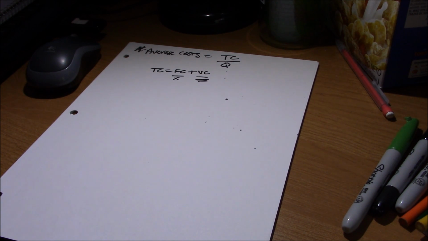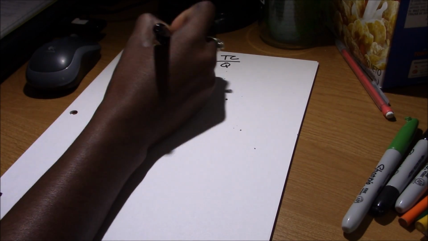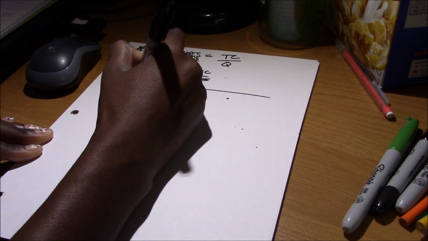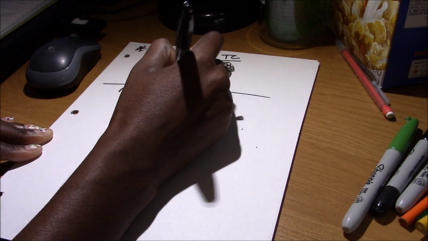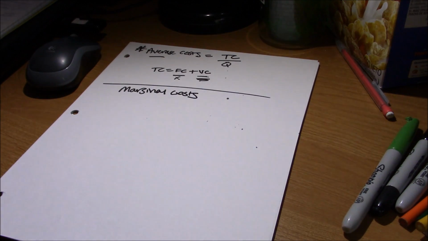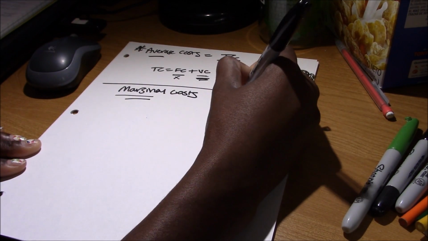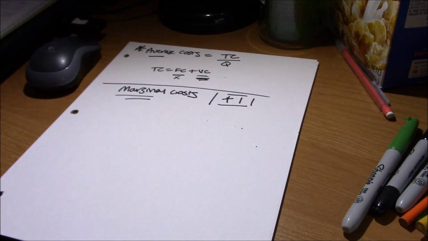If, however, you want to still use average costs in your decision making, you have to then incorporate what we call marginal costs. Every time you see the word marginal in economics, it always means plus one.